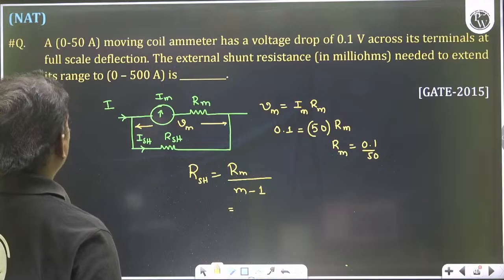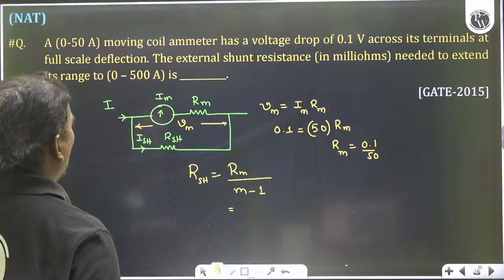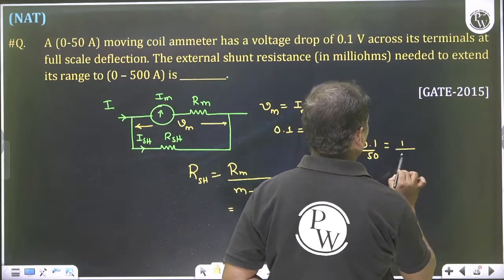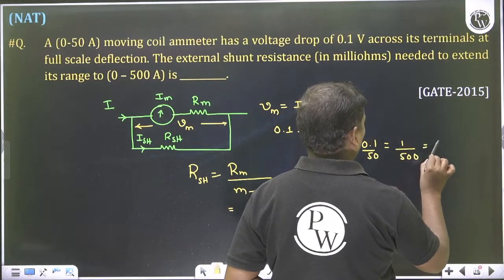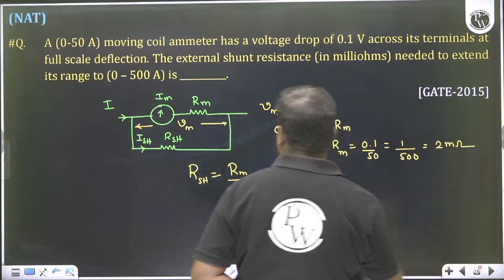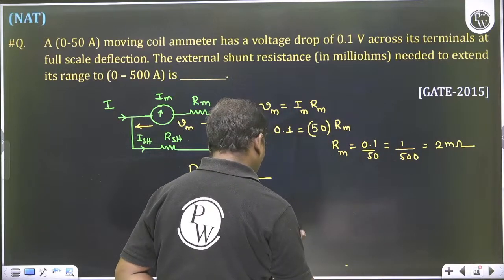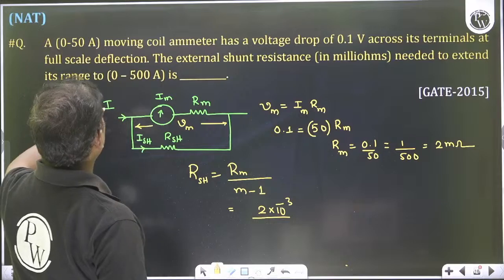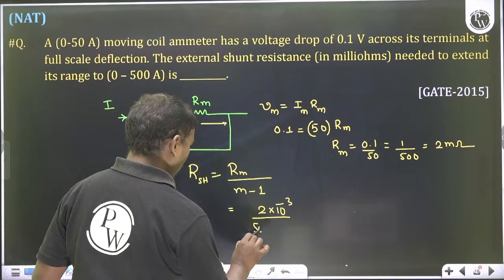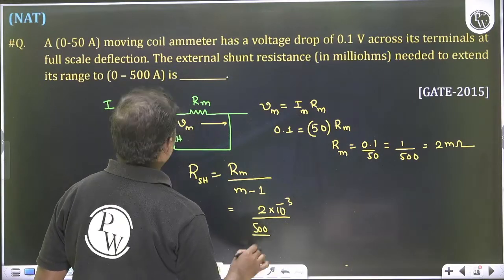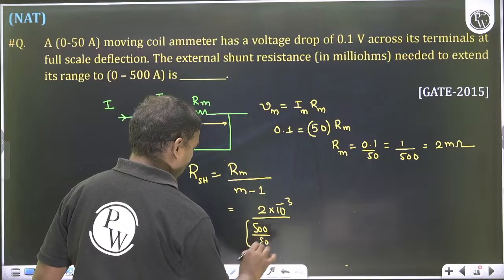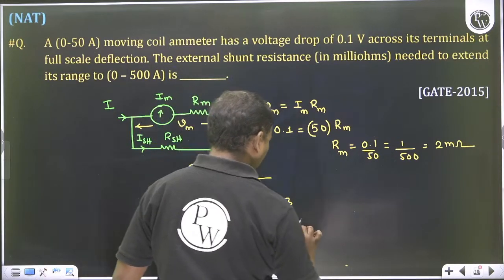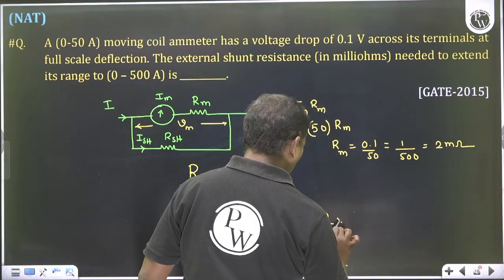0 to 50 amperes coil ammeter, voltage drop is given, 1 by 500. So it is going to become 2 milliohms. So this is 2 milliohms. And what is m? Capital I by small Im. Capital I is equal to 500 and this is 50, minus 1. So 2 by 9 is going to become 2 by 9 into 10 power minus 3.